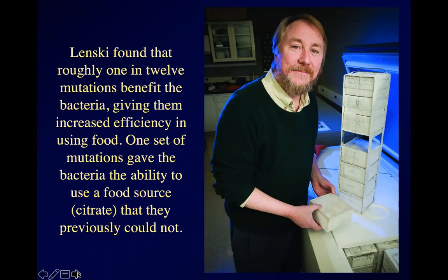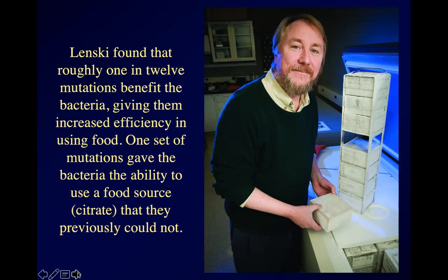What Lenski found is that roughly 1 in 12 of the mutations turned out to be beneficial for the bacteria. One particular set of mutations that he was able to document gave the bacteria the ability to use a food source that they previously couldn't. The bacteria had been growing on a sugar called glucose, and he switched them over to a different food source, a molecule called citrate.